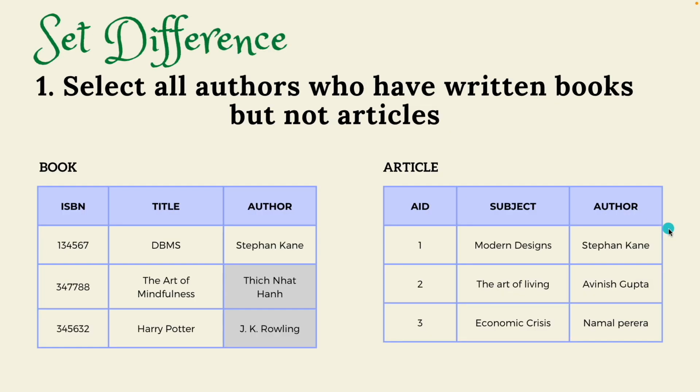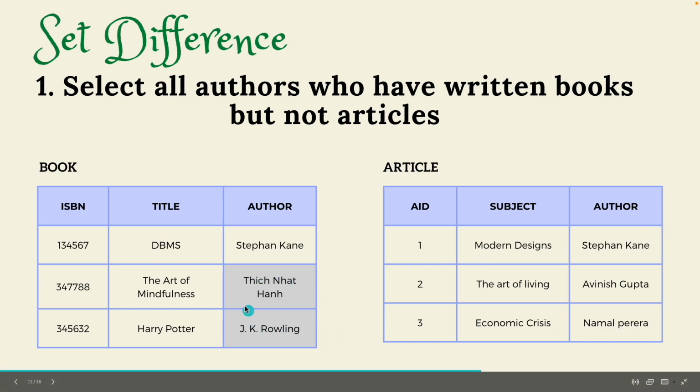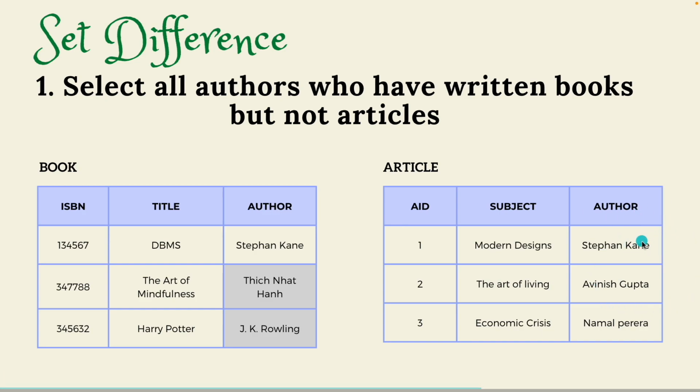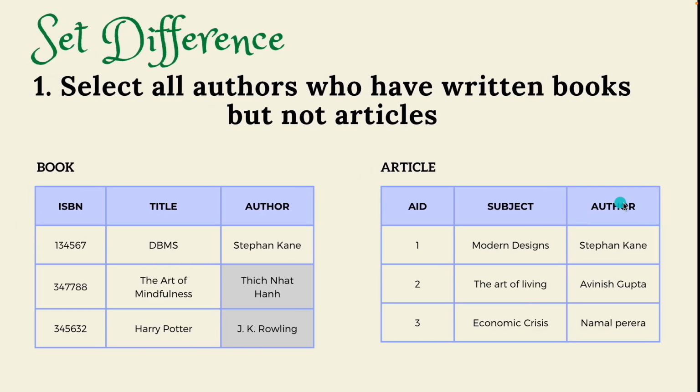Okay, author names. Let's do the set difference. I want to find what is available here that is not available in author. For example, select all authors who have written books but not articles, right? There must be an author who writes books but not writing any article. So that's what I want to do here.